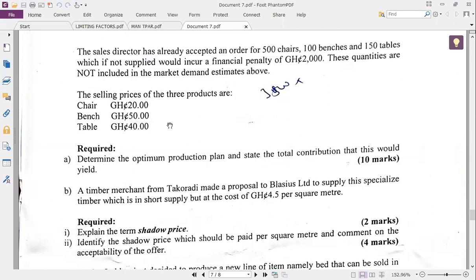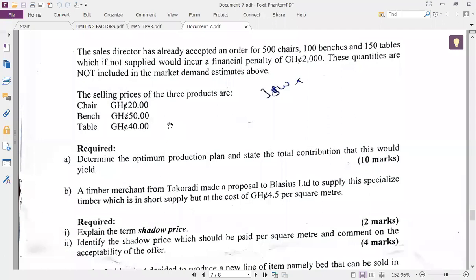Required: explain the term shadow price, and identify the shadow price which should be paid per square meter and comment on the acceptability of the offer. Okay. So that is it.